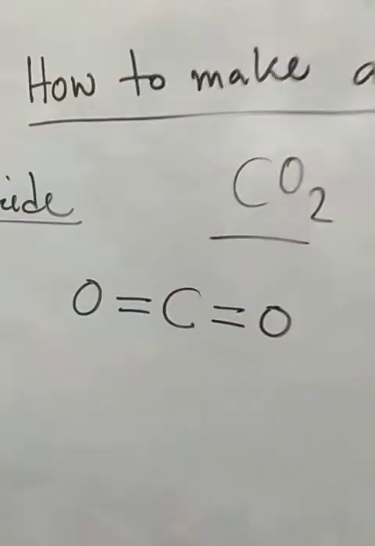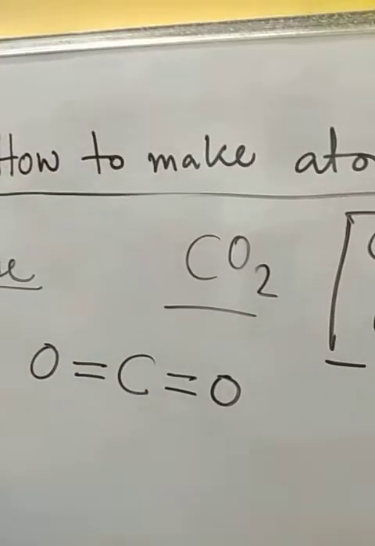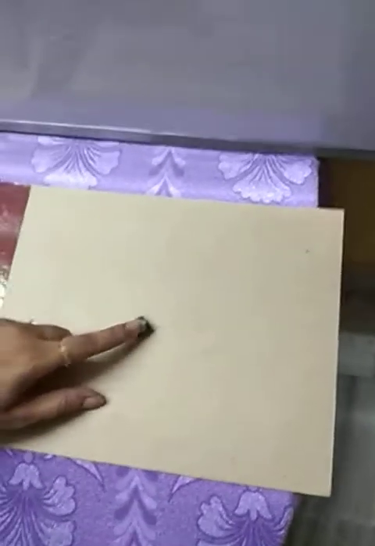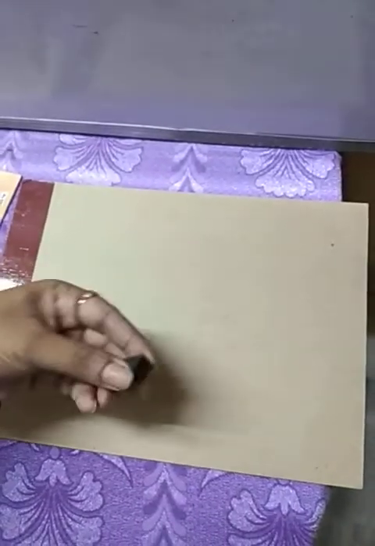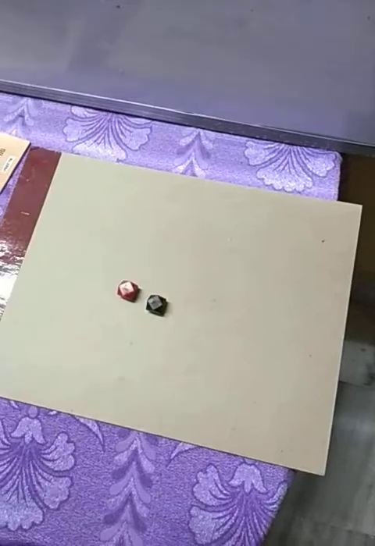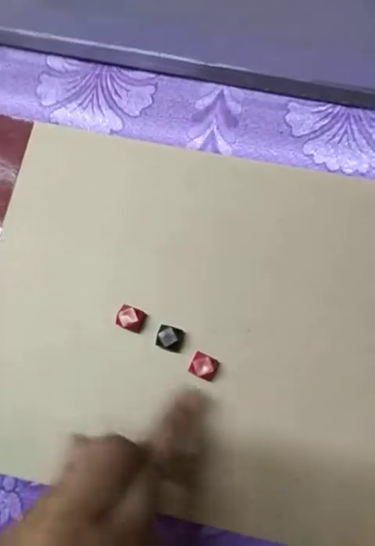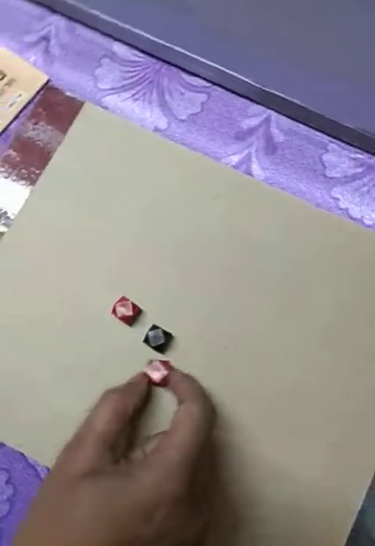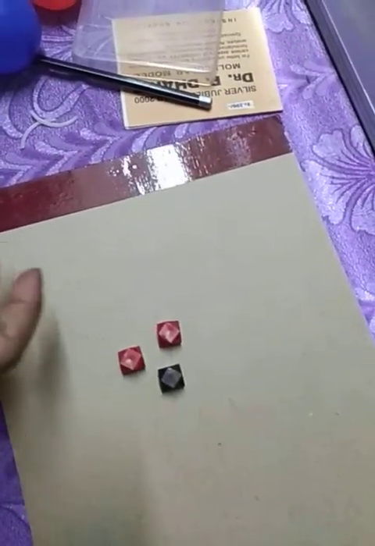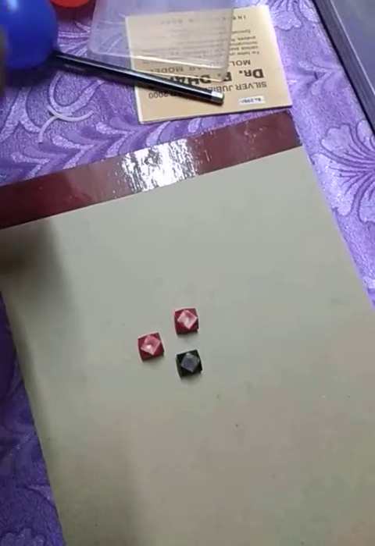Here I have taken one black color ball, which represents carbon, and 2 red balls, which represent oxygen. Now you can see the holes.